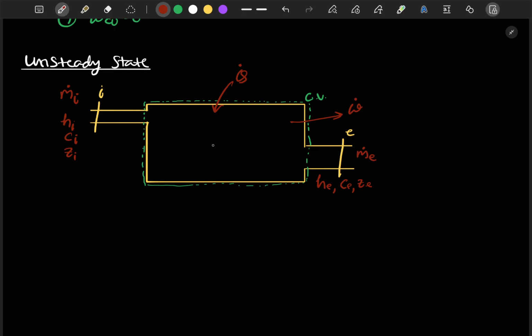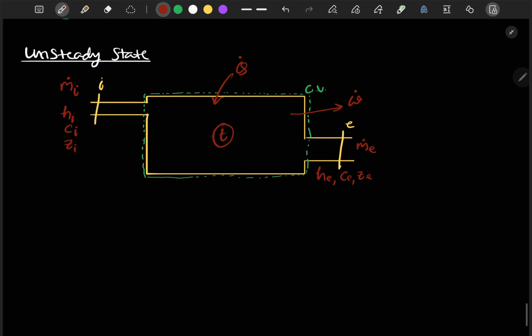Let's say we are considering the system for a particular time period t. Now there are some subscripts which I should mention first. I for inlet, E for exit, 1 for initial condition, and 2 for final condition.